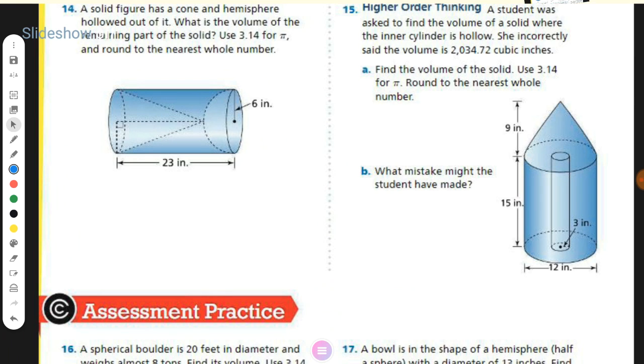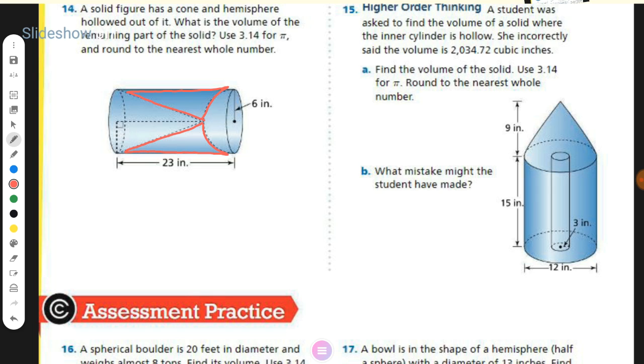We want to cut out from this cylinder the hemisphere and cone, and then find the volume of the remaining part. I think the remaining part here will be this part plus this one.